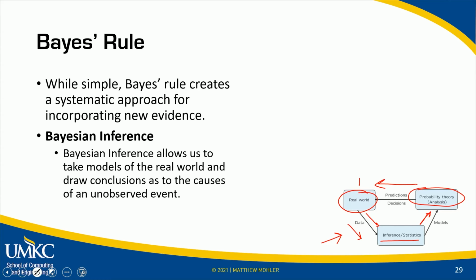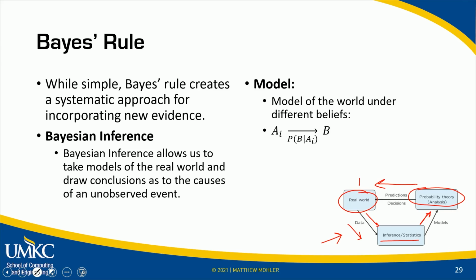But taking a quick step back, there's two key elements in here that I want to look at. And the first is the model. And so the model is the model of the world under different beliefs. This is saying for each A sub I, we can find the probability of a B. For each different cause, what is the probability of some eventual outcome, right?